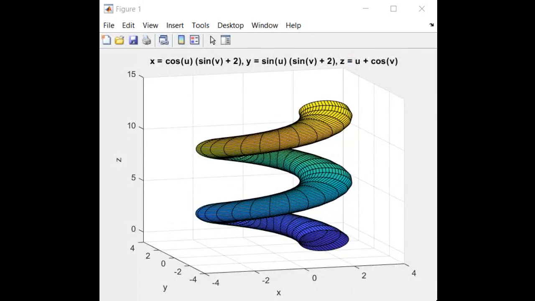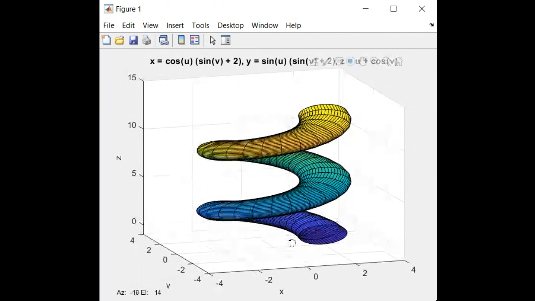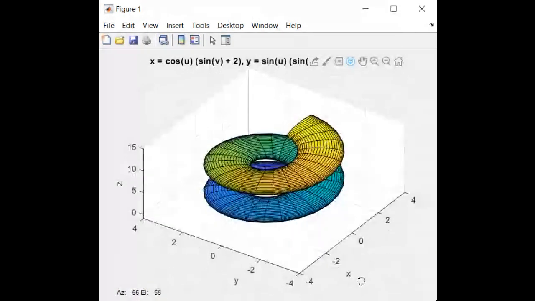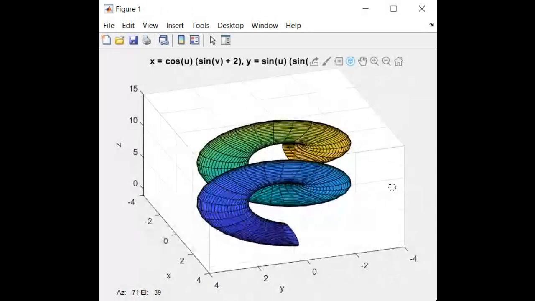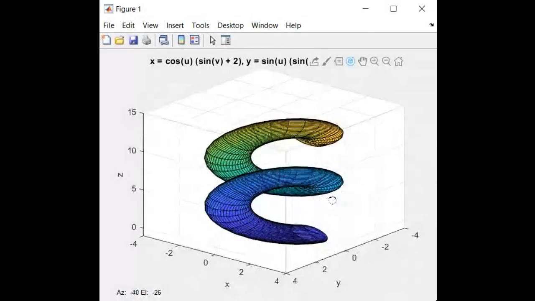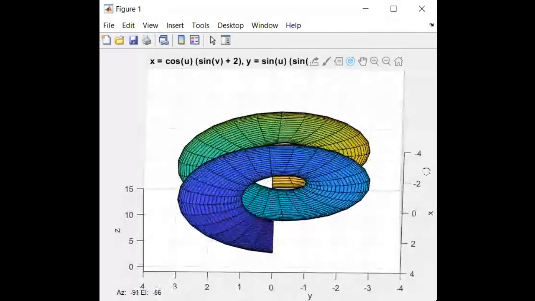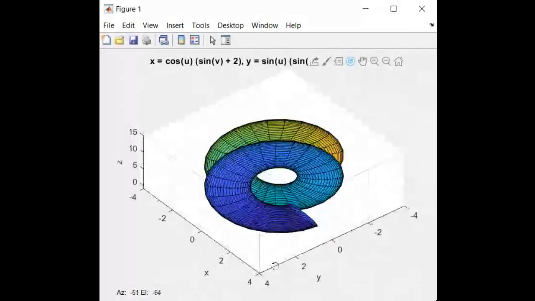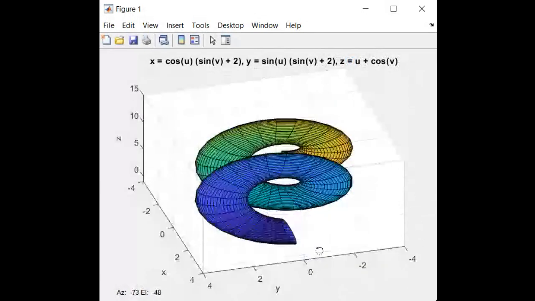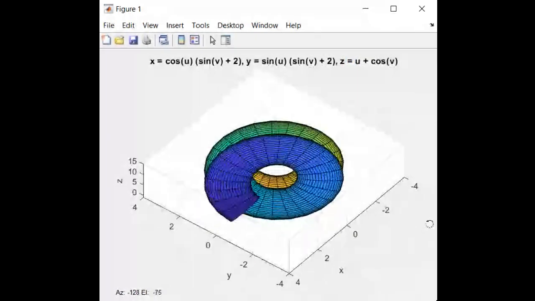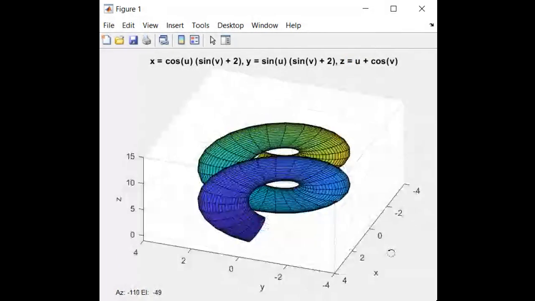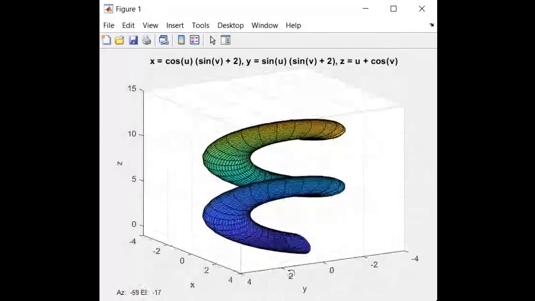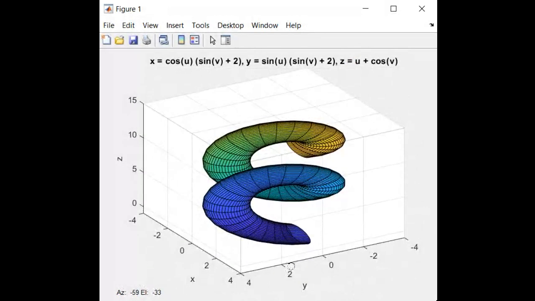If you rotate it enough, you'll get it so that the axes are like what we have in the book. Let me see here. I'm just playing around with it a little bit. Well, it isn't quite there. You see what I'm doing.